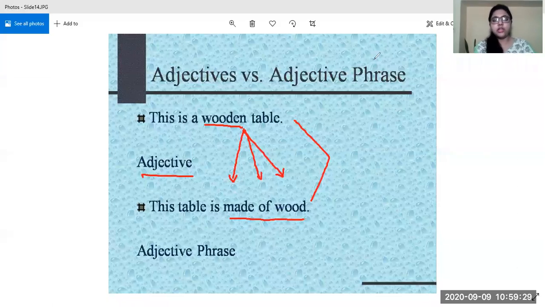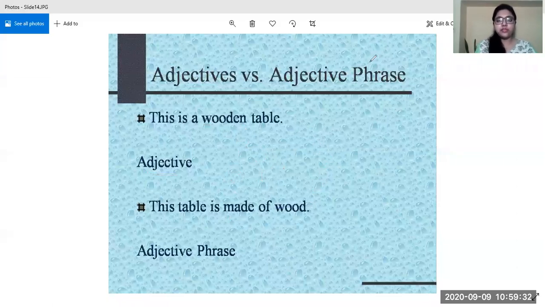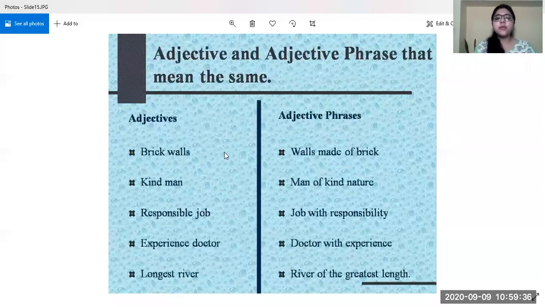So this is how we change an adjective into an adjective phrase. Here are some examples so that you may know how to convert an adjective to an adjective phrase.